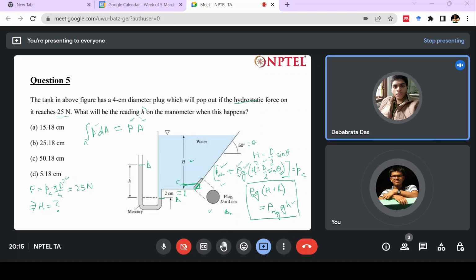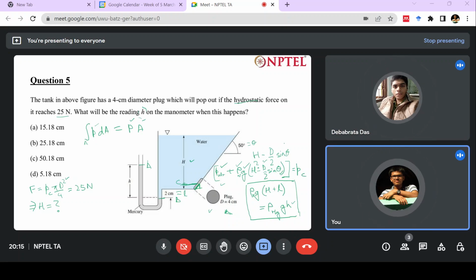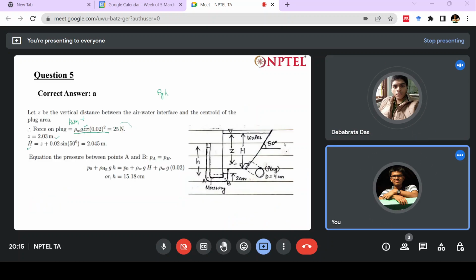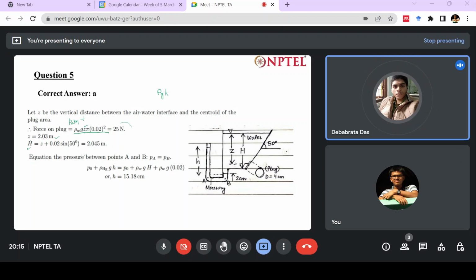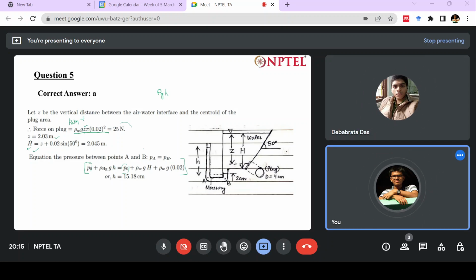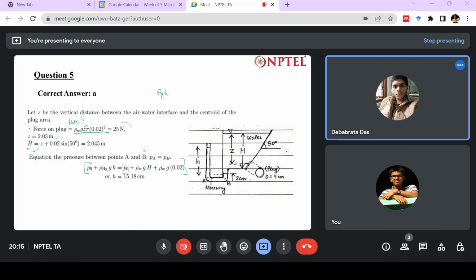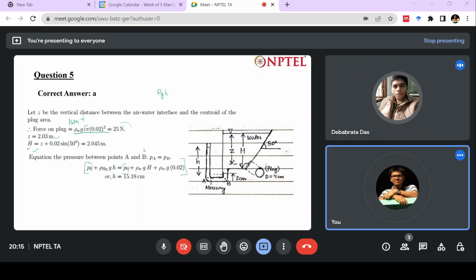So this H minus d by 2 sine theta they have taken as Z, and from that they have calculated this H, and then they have used this equation. Here they have included P0, but P0 does not make any difference because it will cancel out. So I don't know what's going on.